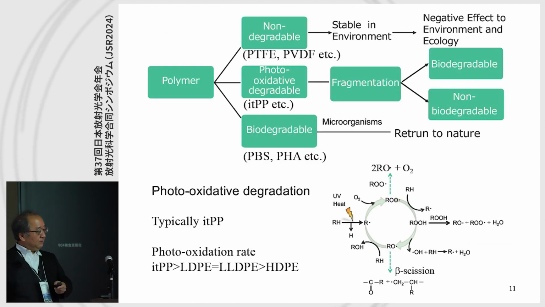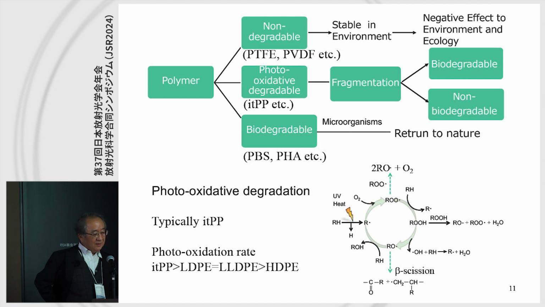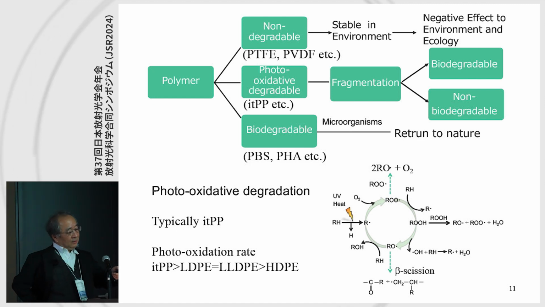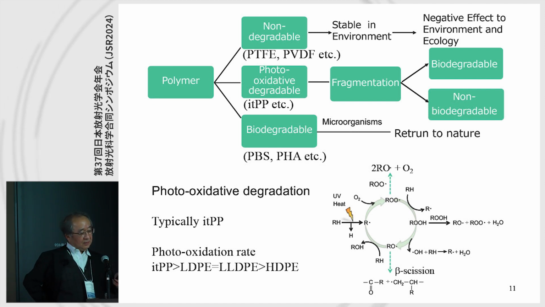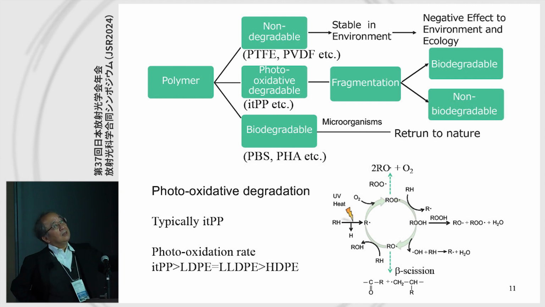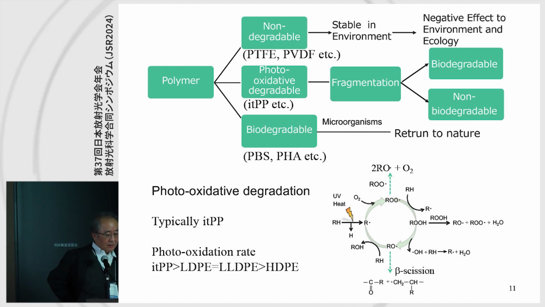So polymers can be divided into non-degradable, partially degradable, photo-oxidative degradable, and biodegradable ones. This one is called biodegradable polymer, and this one is called photo-oxidative degradable polymer. Many polyolefins correspond to this.